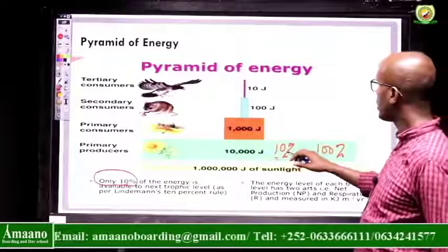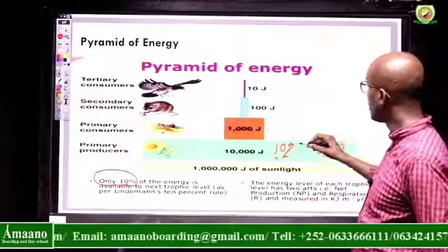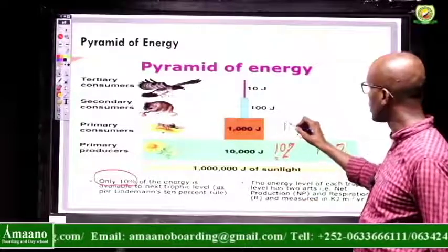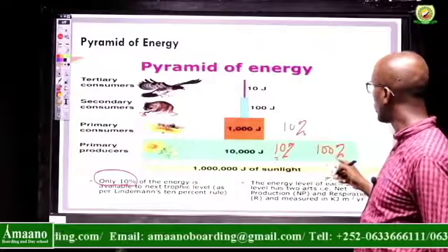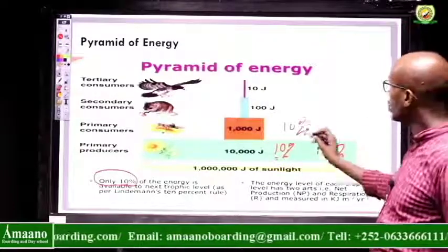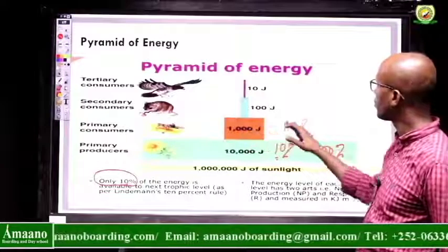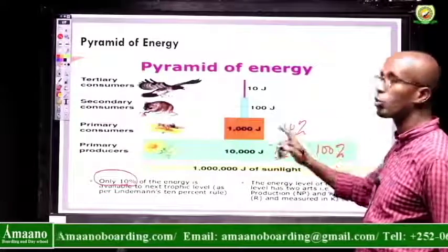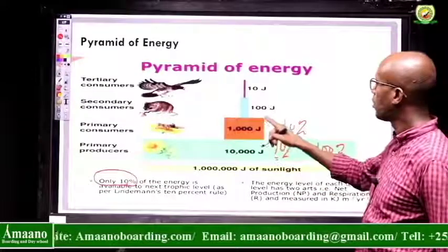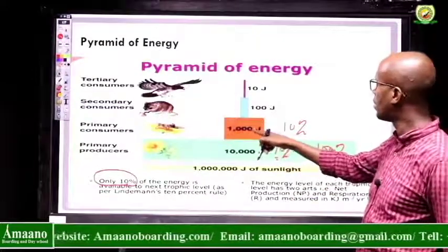So if this plant is eaten by a herbivore, it gets 10% out of this 100. So 9% is used by the herbivore for its different activities, but 1% is used for growth by the animal.